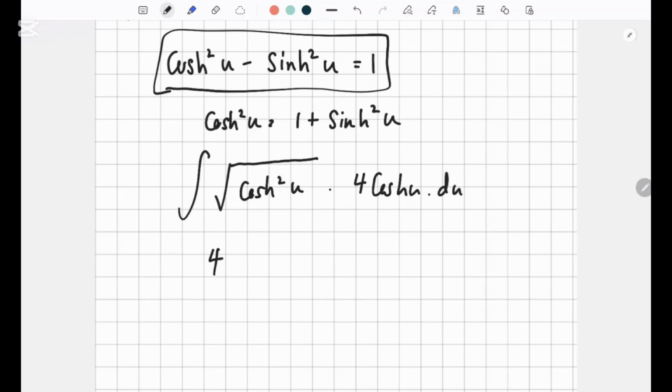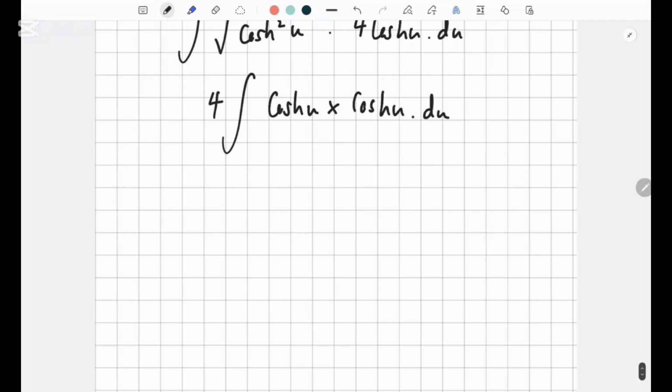It's a square root, so it's going to be the integration of cosh u into cosh u du, giving you cosh squared u du. Now we got to integrate this.